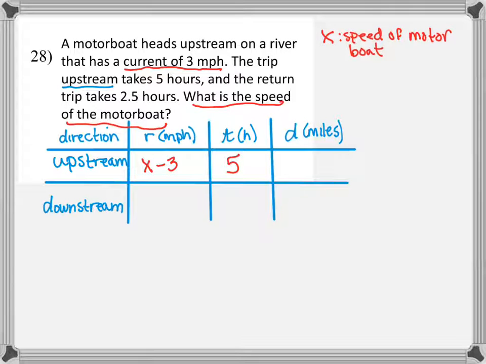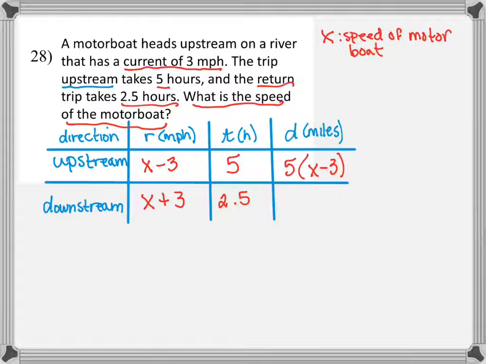And we're told that it takes 5 hours to go upstream. The return trip takes 2.5 hours, and its rate will be x plus 3. And we'll, just like before, rate times time equals distance.